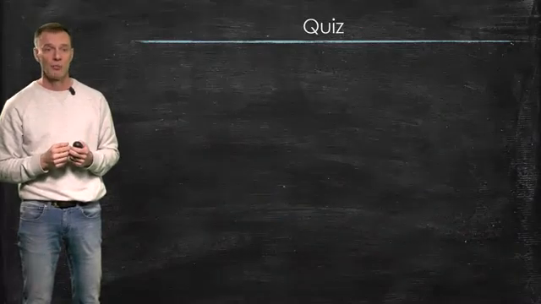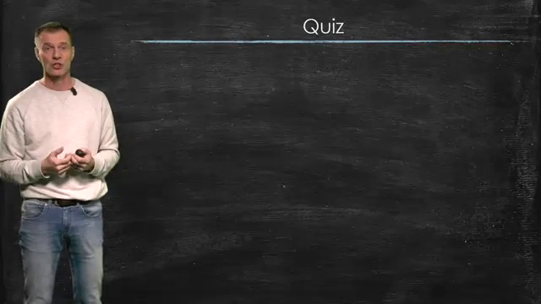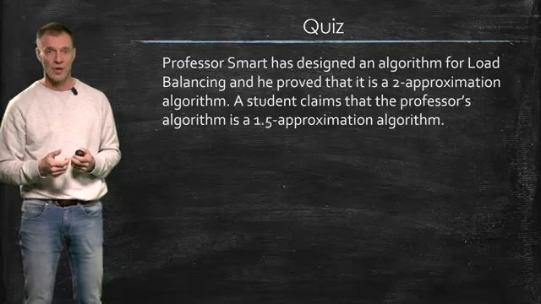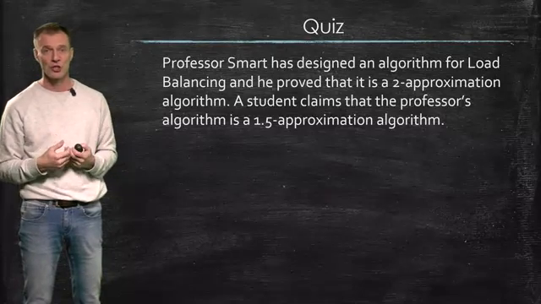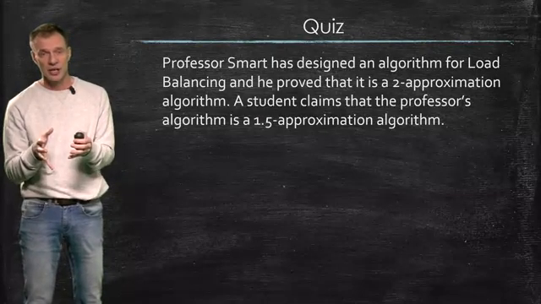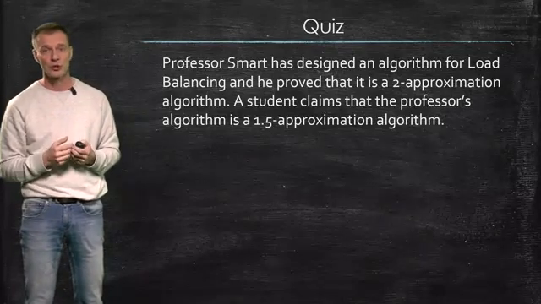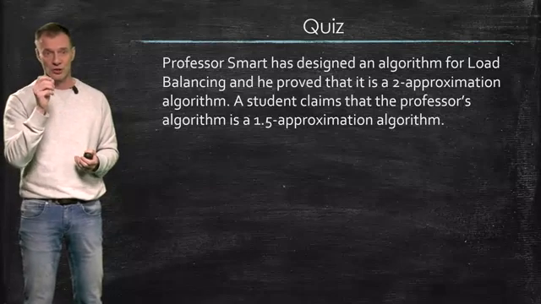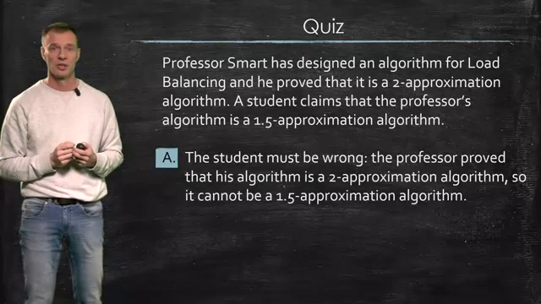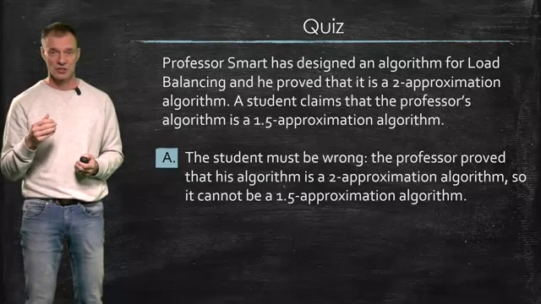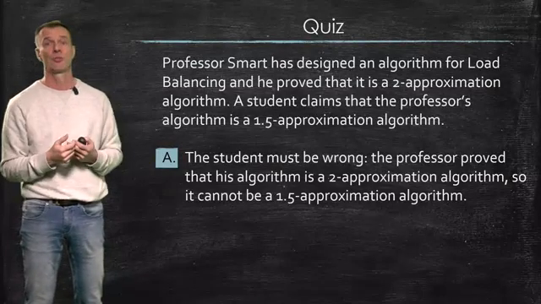Okay, let's do a little quiz to see if you understand the definition of rho approximation. Suppose there's a professor, Professor Smart, who has designed an approximation algorithm for load balancing, and he claims that he has proved that this is a 2 approximation. Now there's a student who says, well, this algorithm is a 1.5 approximation. Is it the case that if the professor has really proved that this is a 2 approximation, then the student must be wrong?